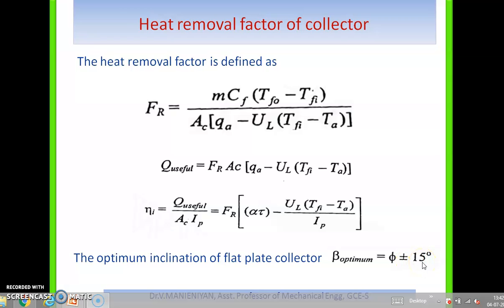A positive sign means winter condition, and a negative sign refers to summer condition. Normally the optimum tilt is 0.9 times the latitude of the location. So that is the optimum inclination of flat plate collectors.